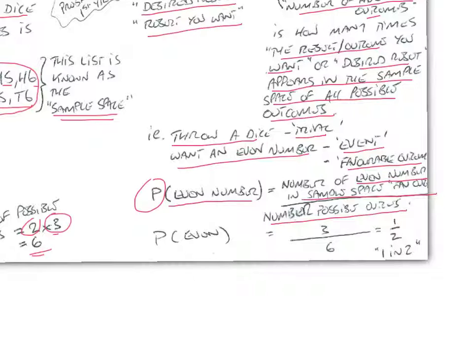So in the sample space from throwing a dice, it's 1, 2, 3, 4, 5, or 6. They're all the possible ones. Even numbers can occur 3 times in that sample space of 6 possibles. So our probability of an even number using the formula is 1 in 2.